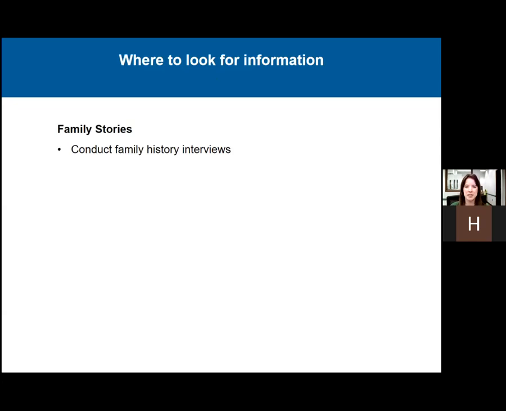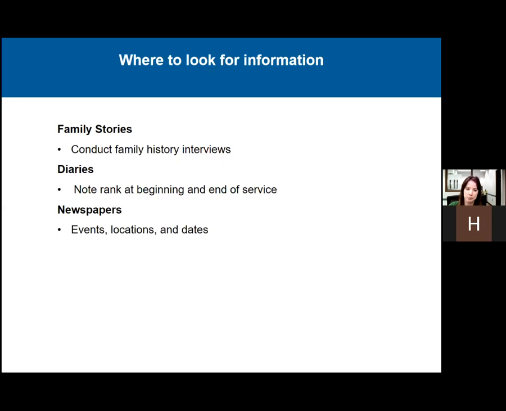You can find some of this information from family stories. So you can conduct some family history interviews, or you can look for personal family diaries or letters and see if they indicate the ancestor's rank. You can also look for this information in newspapers. We have a number of newspaper databases on our website to get you started with that.